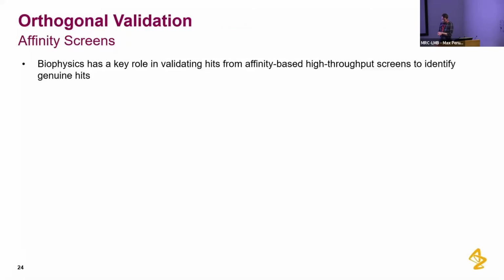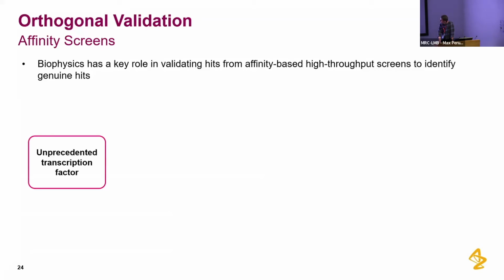More and more, we're getting targets that don't have functional activity. They're scaffolding proteins and things like that, or they're proteins we want to develop PROTACs or something to degrade them. So the only way we can really find hits to start with is to look for things that just bind the protein.